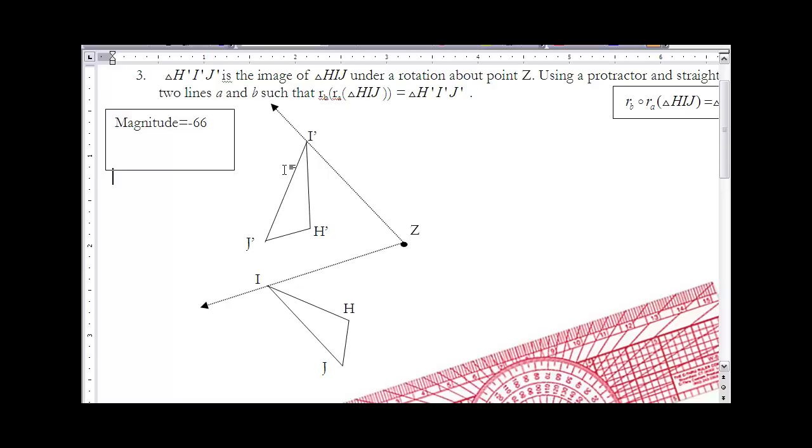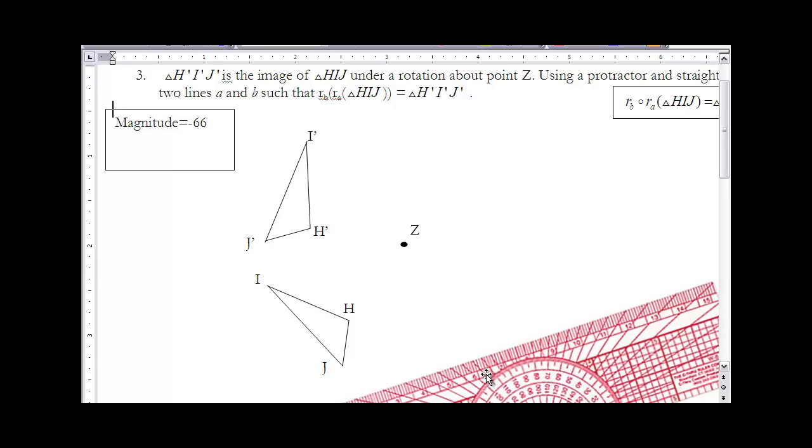What that tells me is that if my magnitude is negative 66 degrees, when I draw my two lines, the angle between them has to be 33 degrees. I don't really need these rays anymore, because they were only there to find out the magnitude of that rotation. Now I know that I have to draw two lines with a 33 degree angle between them.